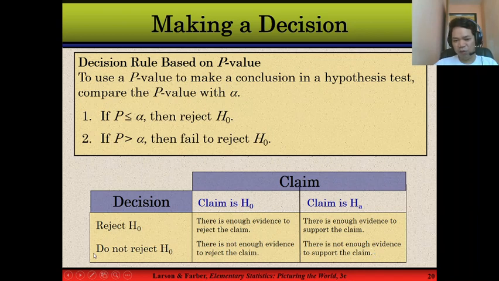Kasi decision mo rito, do not reject. Accept mo yung null. Okay? So, para hindi kayo malito, lagi ninyo iisipin, pag ang claim ay kay null, use the word reject. Pag ang claim ay kay alternative, use the word support, or not enough evidence to support the claim.